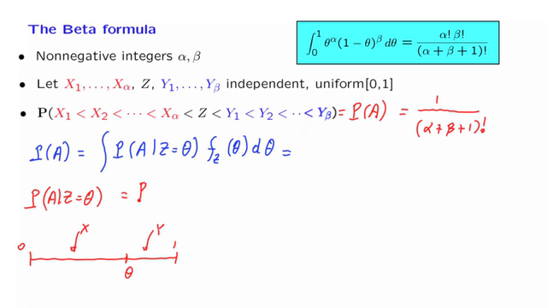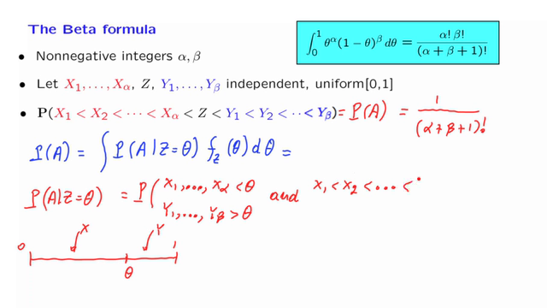So let us write this out. It's the probability that all of the x's happen to be less than theta, all the y's happen to be bigger than theta, and also, not just that, but the x's are sorted, and furthermore, the y's are sorted as well.